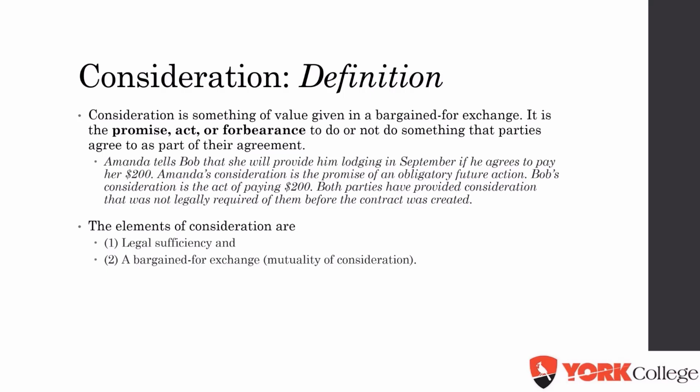So maybe the definition could be confusing at first glance, but consideration is actually something pretty easy to understand. Essentially, if somebody promises to do something in the future or promises to not do something, then that would satisfy consideration.